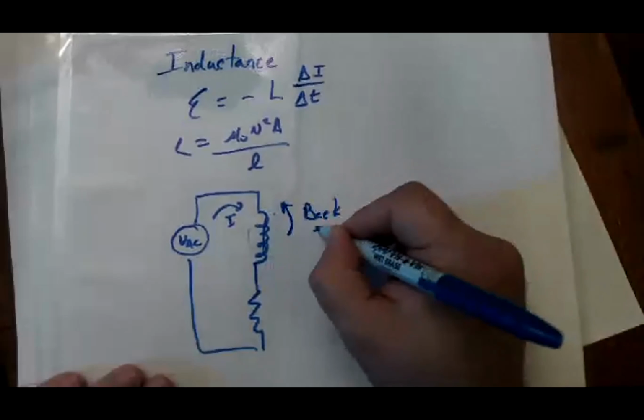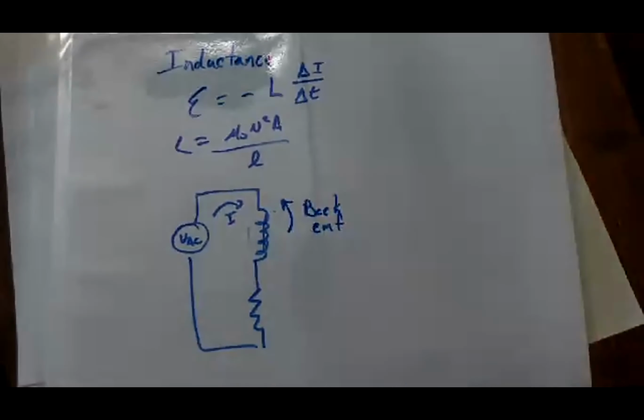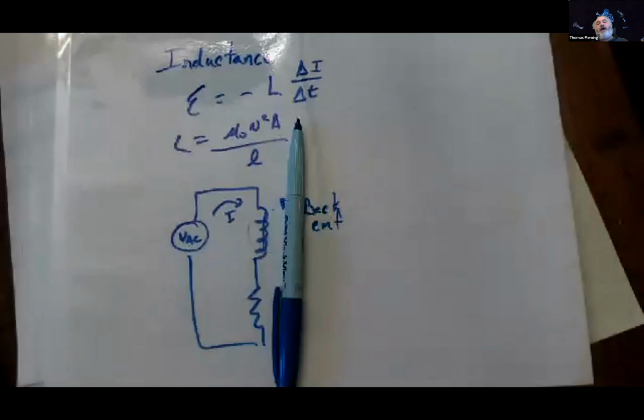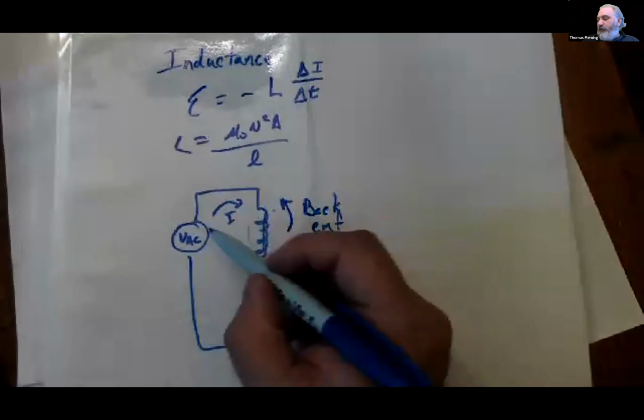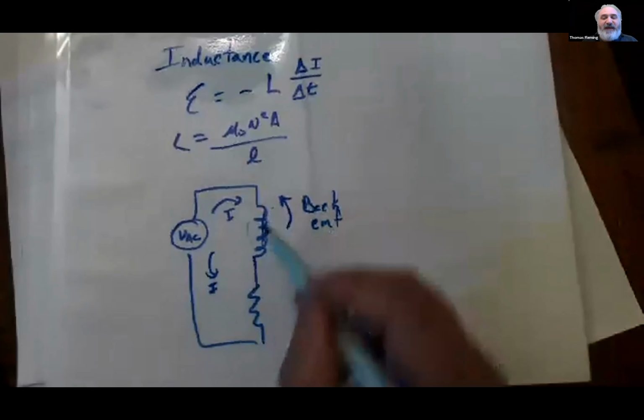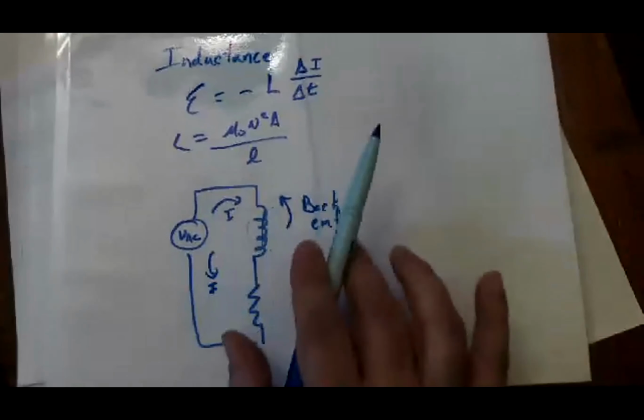So this guy is fighting against your power supply, trying to keep the current from getting bigger. But then eventually when the current maxes out and starts to drop again, now your power supply is trying to send current the other direction. It's going to fight that too. Does that make sense?